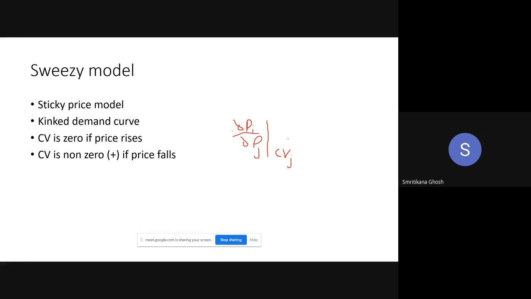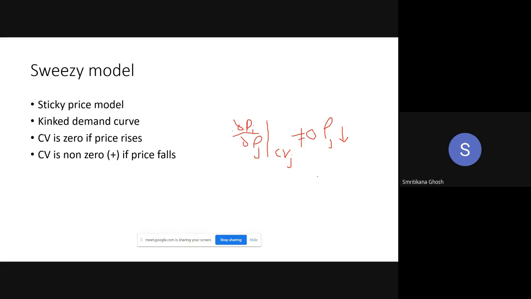So this is not equal to zero, because del P_i will also change when P_j is falling. Okay, when P_j is falling, then it is not equal to zero.